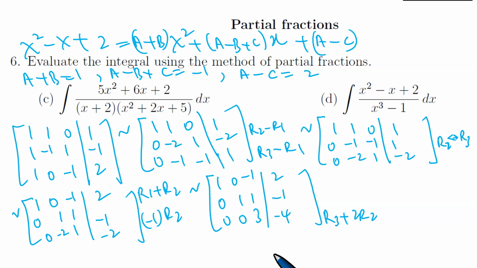In the D part, it's exactly minus 4 over 3. So we check this out, making sure we commit no mistakes here.